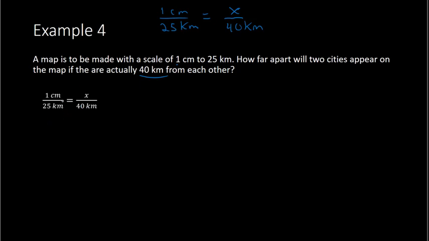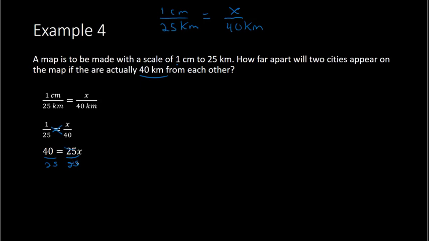And when we solve this, we can ignore the units. So we can ignore centimeters and kilometers. So my proportion is 1 over 25 equals x over 40. So then to solve, I can cross multiply. 1 times 40 equals 25 times x. So 1 times 40 is 40, 25 times x is 25x. And then to solve, I can get rid of the 25 by dividing both sides by 25.